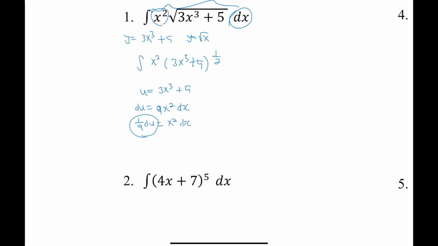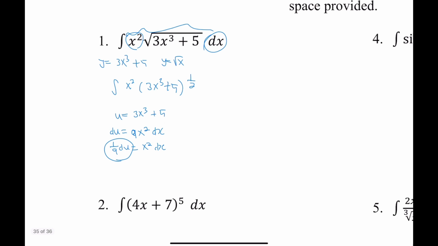Since we have this, we can plug this back into the equation. So that means we have 1/9, and then our u is 3x to the third plus 5, so u to the power 1/2 du. And then to integrate that, we get 1/2 plus 1 is 3/2.